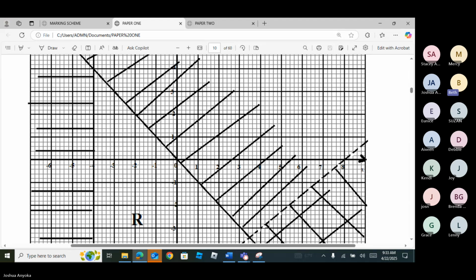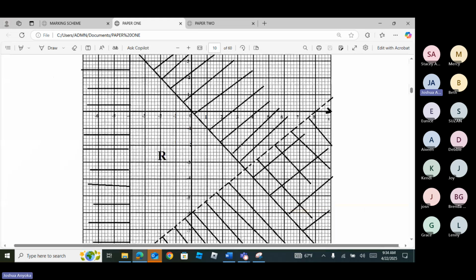Yes, you can say that. Our intention is to get 2 points. Even if you take negative 5, 5, even if you take negative 3, negative 3, it will still serve the same purpose. We are only interested in getting 2 points for getting the gradient. Okay. Yes.